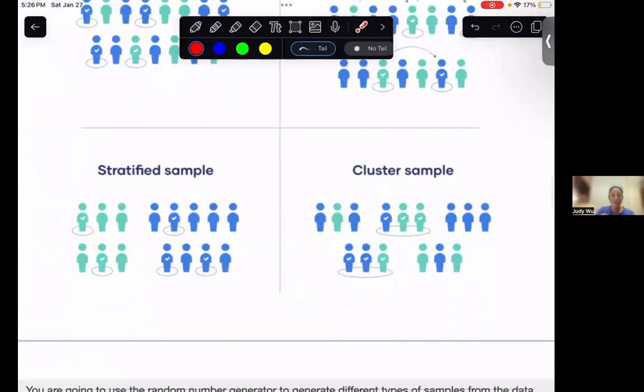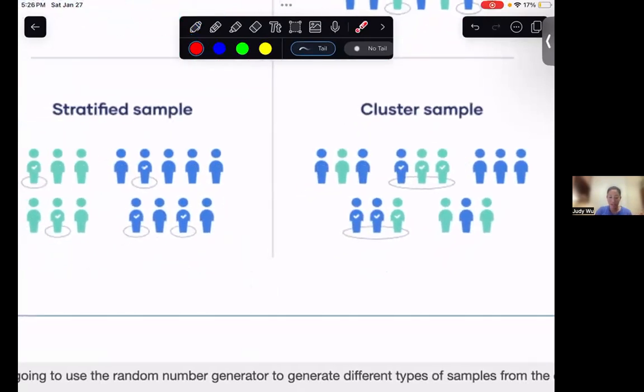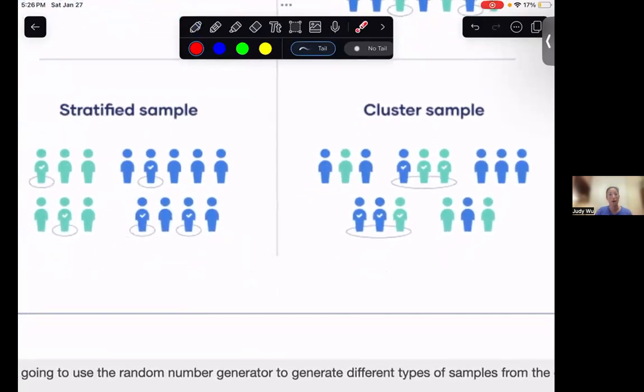But then we get down to these 2 types of samples. One is called a stratified sample, and one is called a cluster sample. And these can be confusing for folks to distinguish between. But basically, in both cases, you take your population and you divide them into clumps.